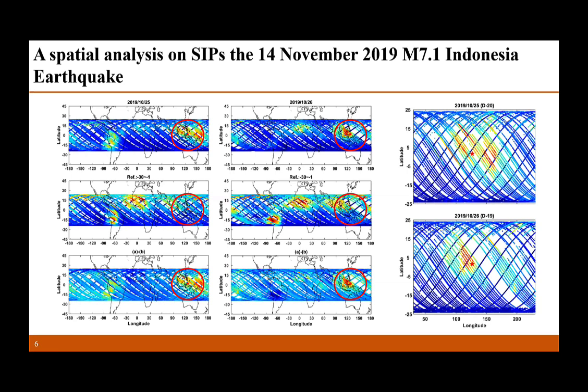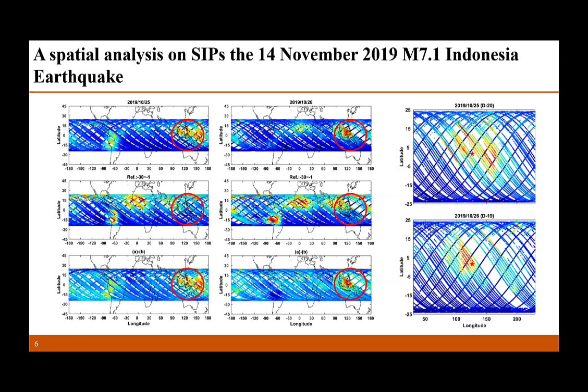As you can tell, the top left side is the observation on October 25th. On the right, the top of the middle central panel is the observation of October 26th.